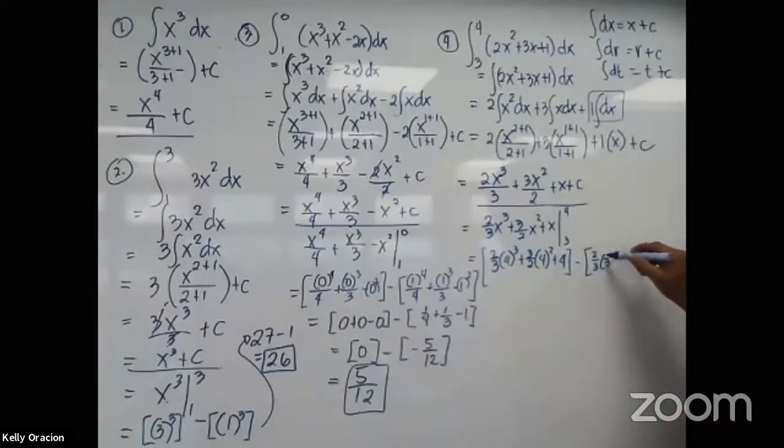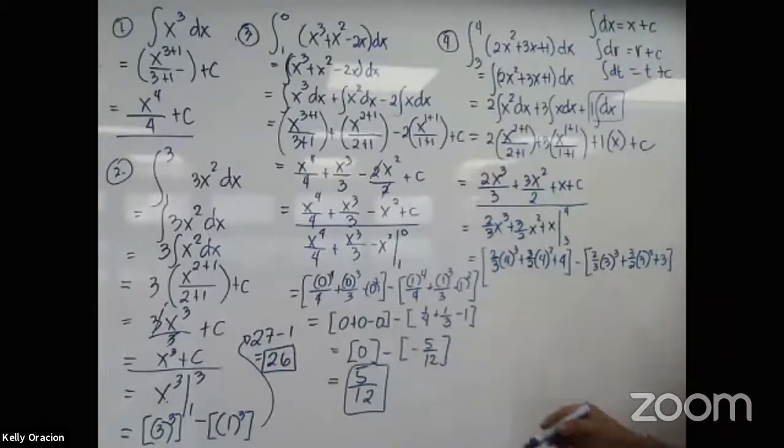So 2/3 times 3 cubed plus 3 halves times 3 squared plus 3. Okay?